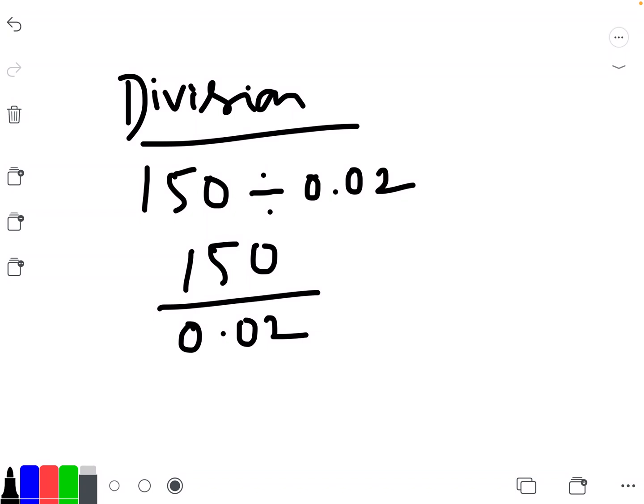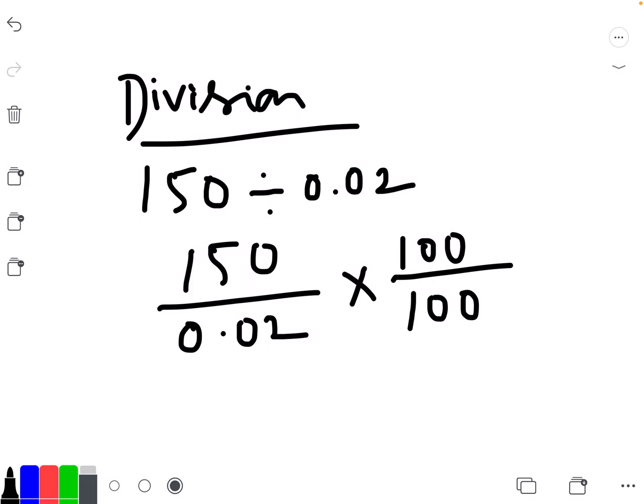So, in order to convert the decimal number into a whole number, we will have to multiply, in this case, both numerator and denominator with 100. If we multiply only the denominator with 100 and we don't multiply the numerator with 100, then the given fraction will change completely, which is totally wrong.